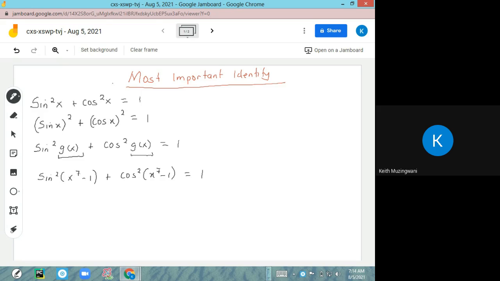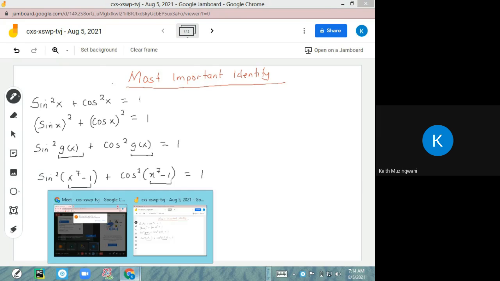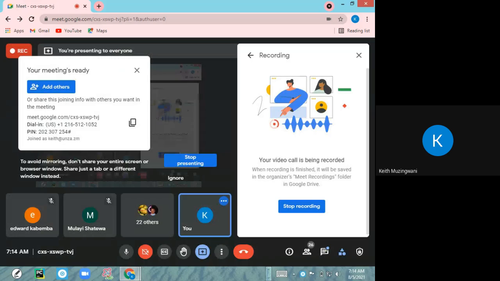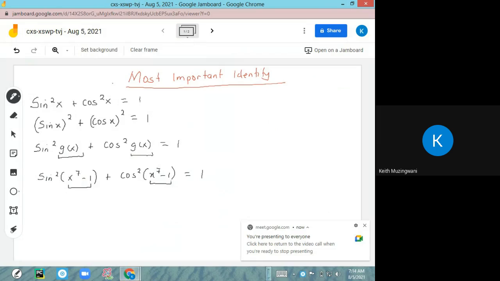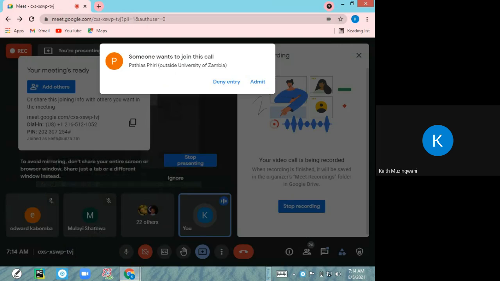For as long as these things here are equal, then you get that. That's the meaning of this identity, and it's very crucial. You will see when we begin to study so many things about it what is going to happen here.